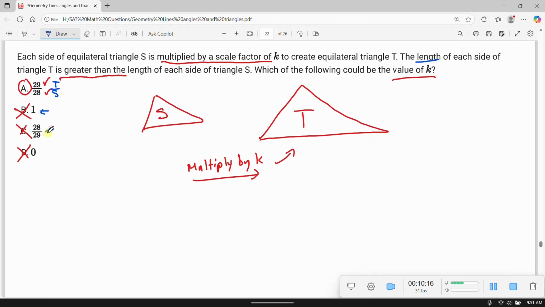This is wrong, because that's going to make triangle T smaller than triangle S. And we cannot multiply the length by a scale factor of 0, because then the length is going to become 0. So that's also wrong.